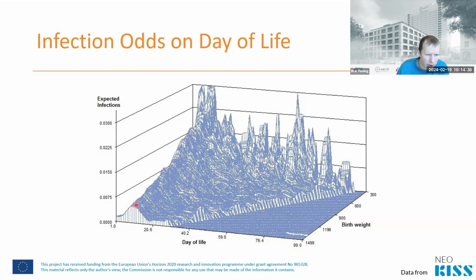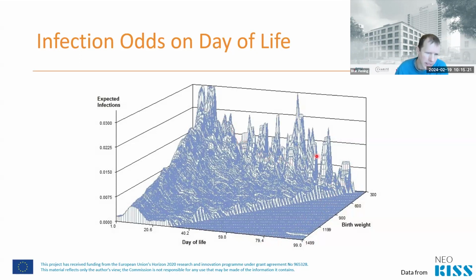This is very stable for the borderline very low birth weight infants, and less stable for the extremely low birth weight infants. This has two reasons: A, these are very special infants, and B, there's less data in this part of the graph, because there are not too many infants of 300 grams, especially infants of 300 grams surviving up to day 80. So there's also death occurring in this population.